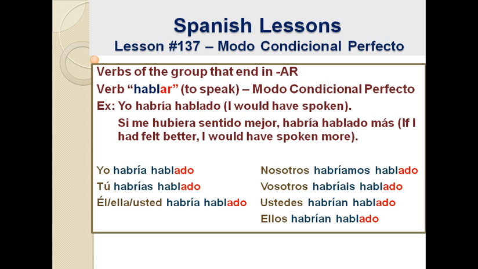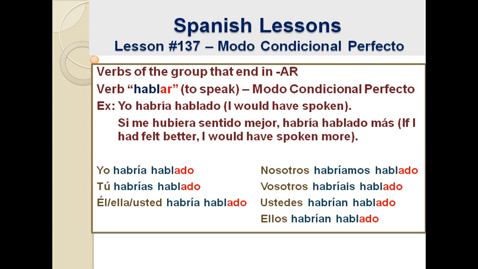Vosotros habríais hablado, for you would have spoken. Ustedes habrían hablado, also you would have spoken. Ellos habrían hablado, they would have spoken. So, see how vosotros and ustedes mean the same thing. They are synonyms. They both mean you plural.